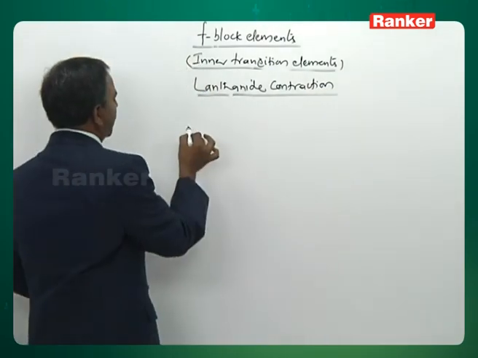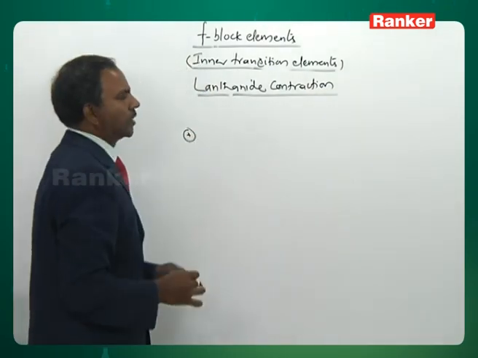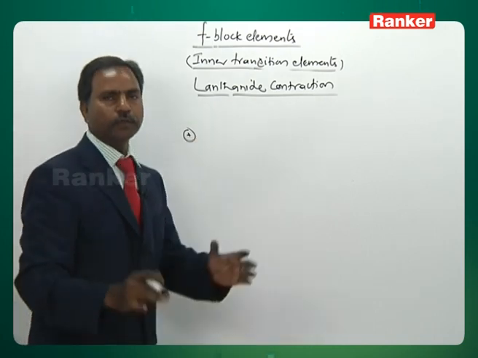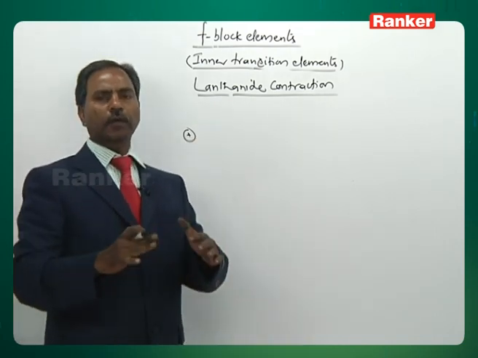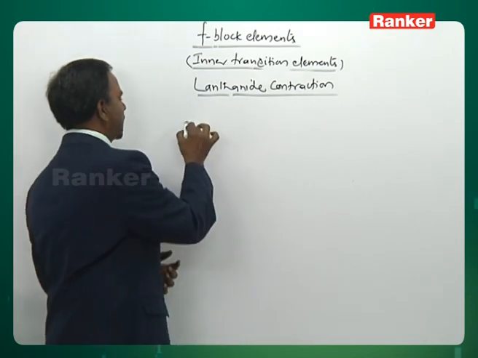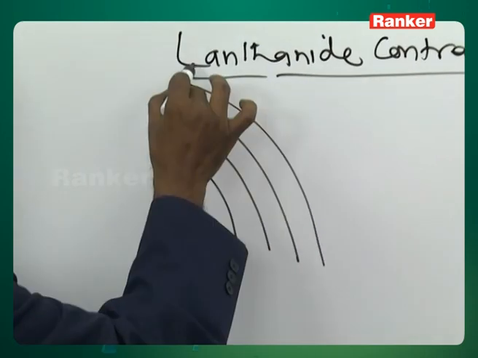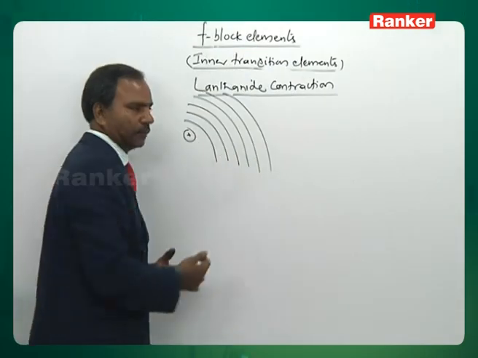See, in the case of lanthanides, many times I have shown the electronic configuration of lanthanides. Let us talk about the sixth shell. Let me write the shells: first shell, second shell, third shell, fourth shell, fifth shell, and a sixth shell.